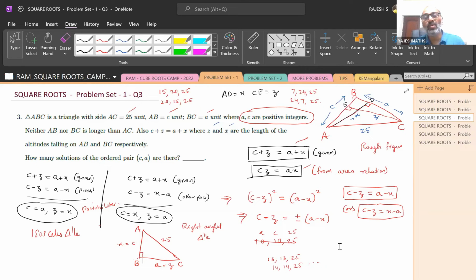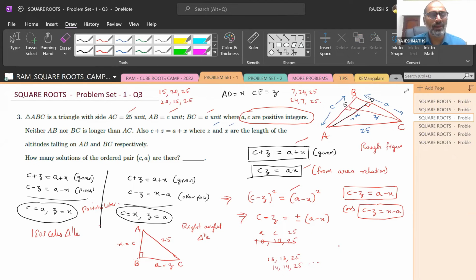Okay, but you don't get isosceles here. That's why I'm telling you: when you get P squared equal to Q squared, you should not think P equals Q. Then that will give you only isosceles. So you need to say (C minus Z) whole squared equals (A minus X) whole squared. So either C minus Z is plus of A minus X or minus of A minus X. We need not bother that C and Z are positive, A and X are positive.